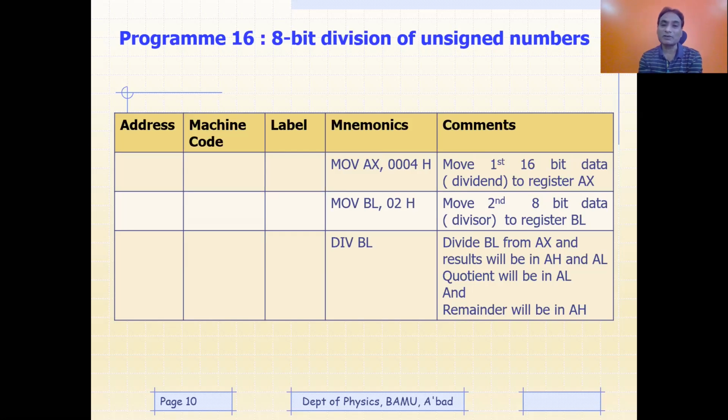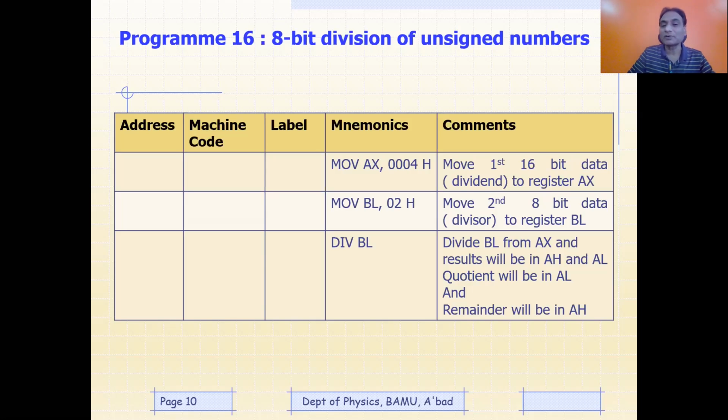Whenever we are talking about division, there will be four different numbers. One would be the dividend, the other would be the divisor. The number which we divide is called the dividend, and the number by which we divide is called the divisor. And in results you are going to have the quotient and remainder, right?